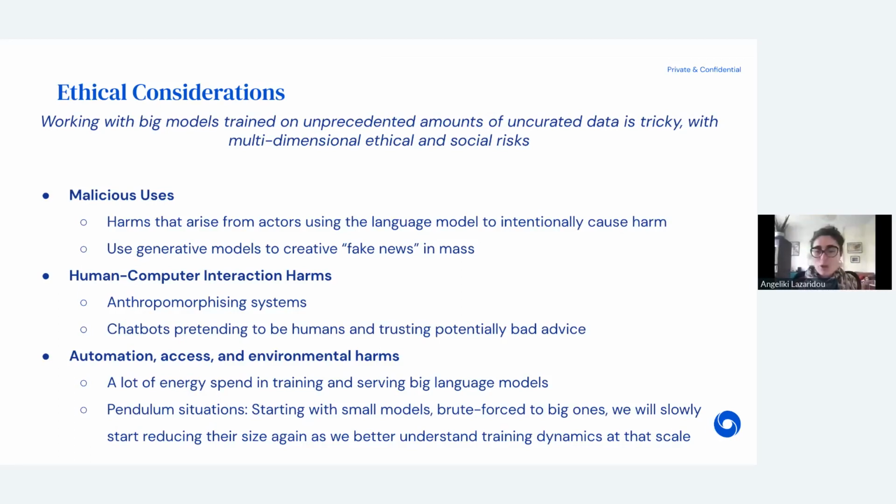But as Elena showed, even in this poetry, was it Shakespeare poetry or something? The text was nice and fluent, and imagine if you are a bad actor, we can basically generate in mass fake news and start spreading them everywhere, and a lot of other things basically.